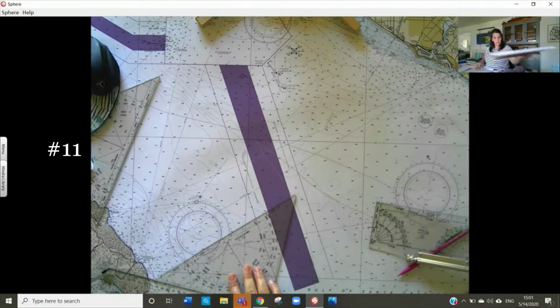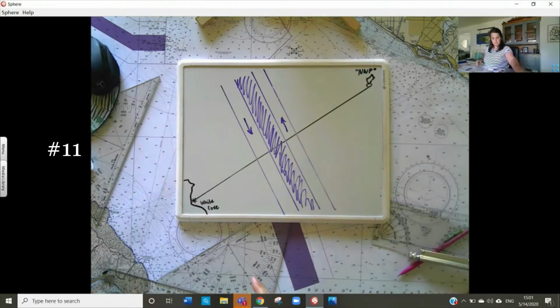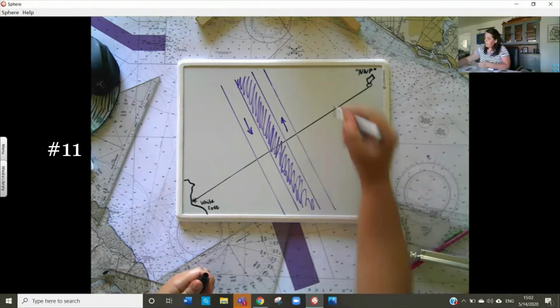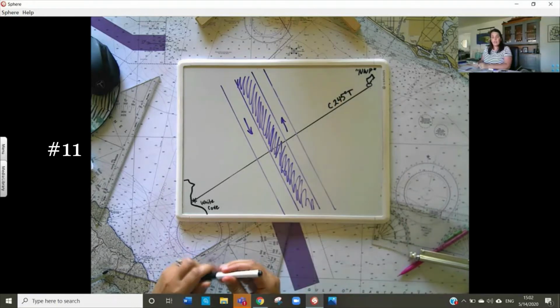So we simplify it a little on our whiteboard. We have a course of 245 degrees true. Now they also asked what was our course per standard compass.